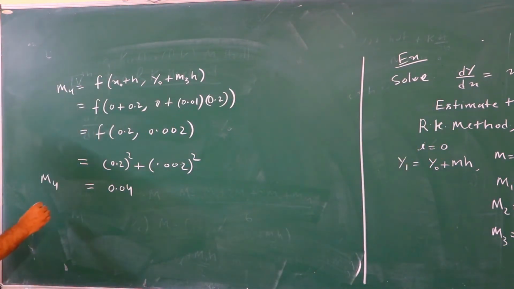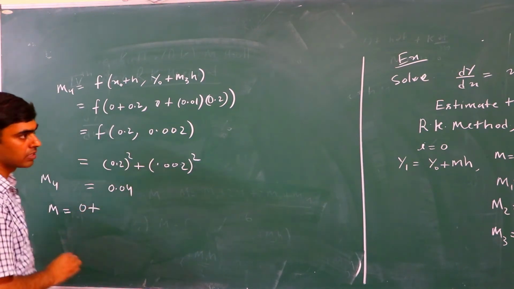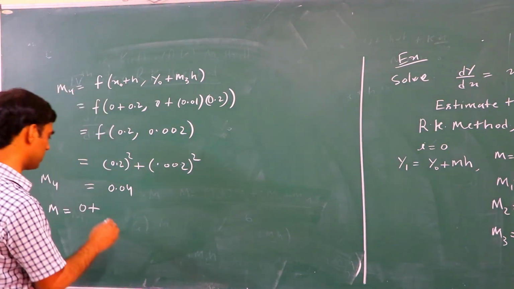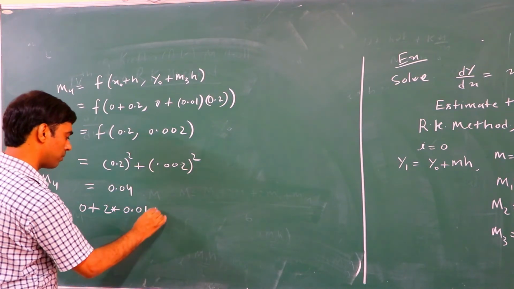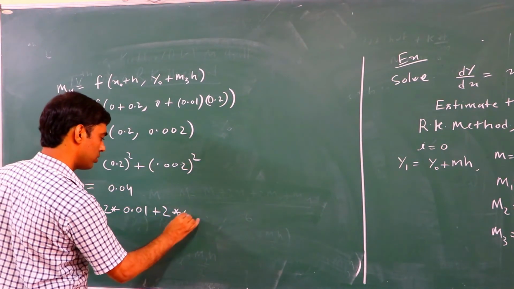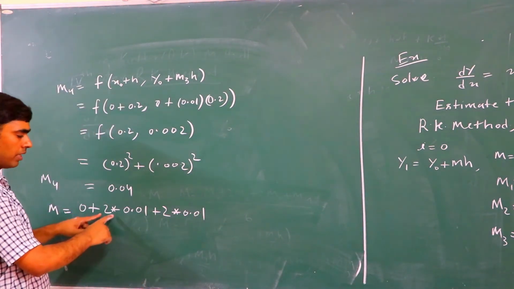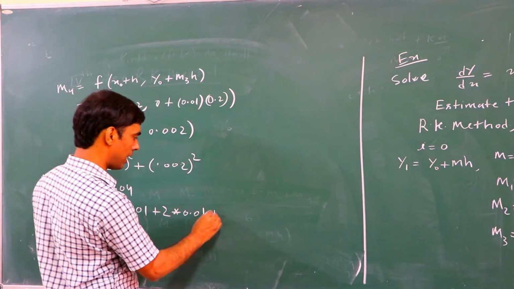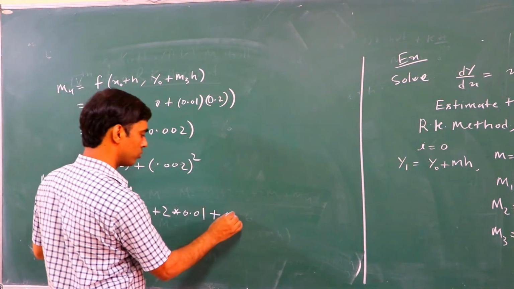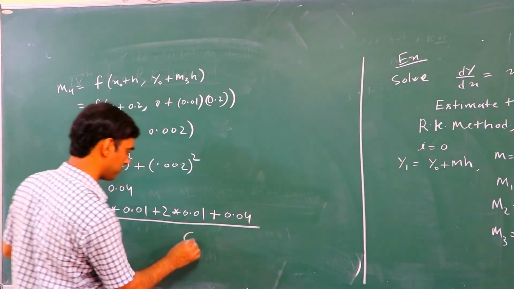So if we find the value of m, m1 is 0, plus m2 is 2 into 0.01, plus 2 into 0.01. This is m1 plus 2m2 plus 2m3 plus m4, where m4 is 0.04, divided by 6.